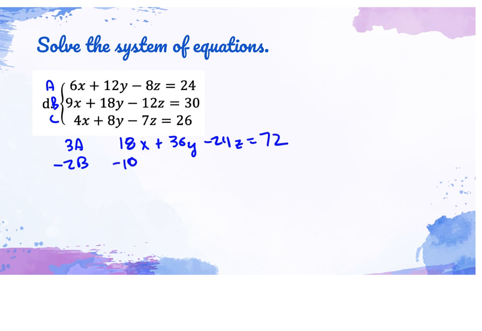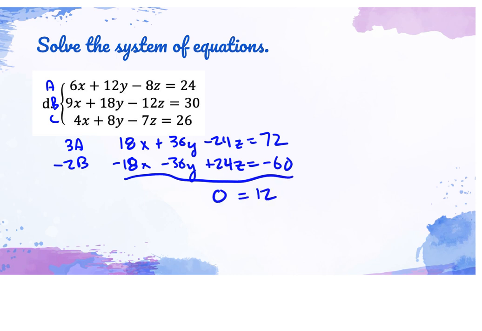Then down below, I have negative 18x, negative 36y, and positive 24z, and that will equal negative 60. So when I add those two together, I end up with nothing equaling 12. And that's a false statement. That is never true. So that is my no solution situation.